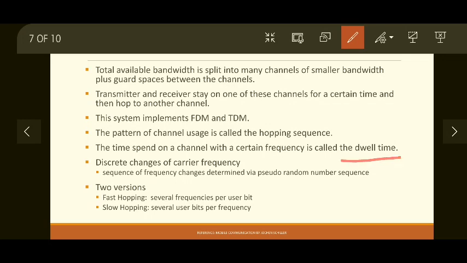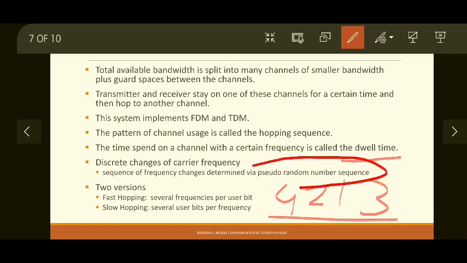So amount of time spent on a particular channel by a user bit is called as a dwell time. The sequence of frequency is determined by again the same chipping sequence or pseudo noise sequence. So this combination that we have seen, 4, 2, 1, 3, is not random, it is predefined by this pseudo random number sequence or pseudo noise sequence.